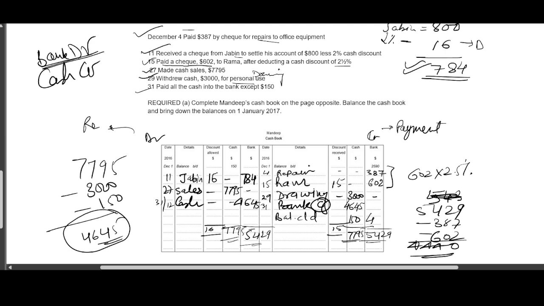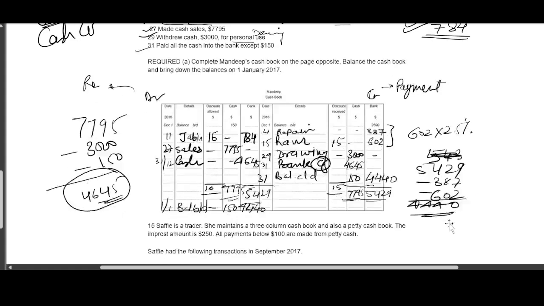Okay, so this you need to write down here, simple. Okay, 31st, and then first 1 January, balance brought down 4440. This is how you have to solve in the cash book.